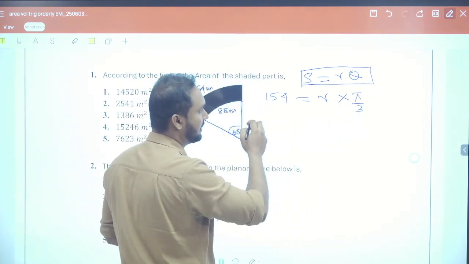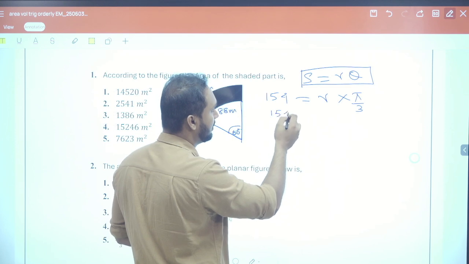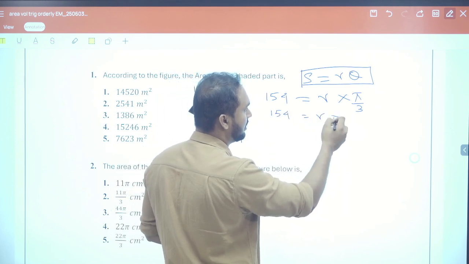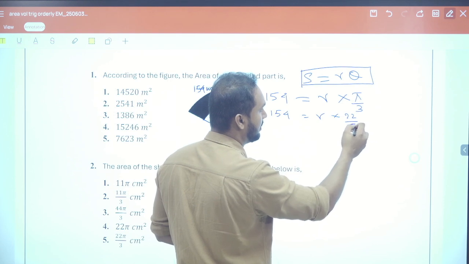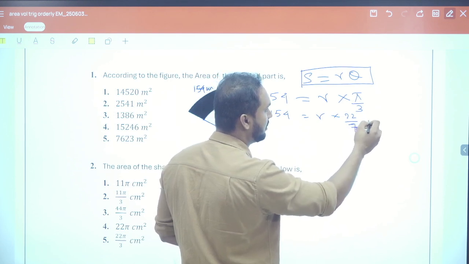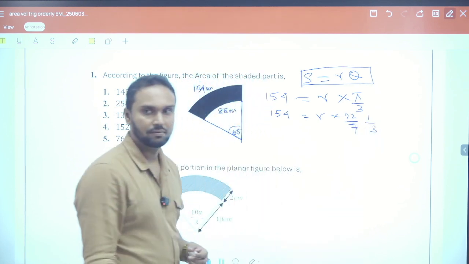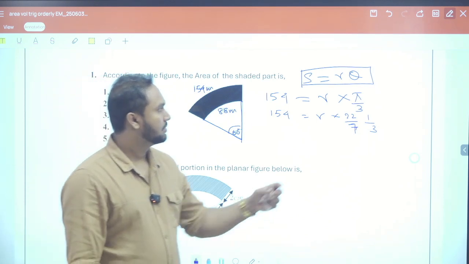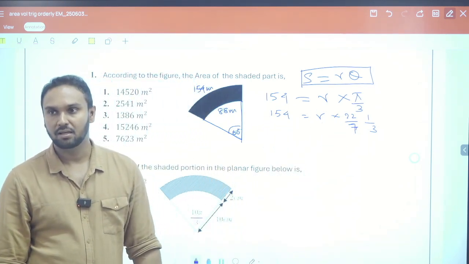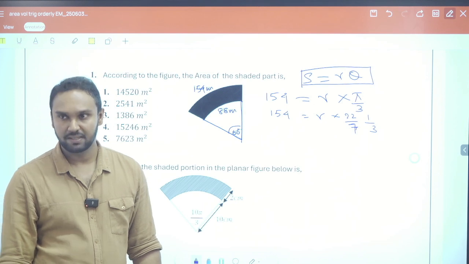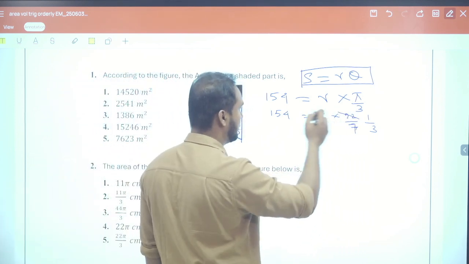Now, what is 5/3 again? 5 is 22/7, and 5/3 is 1/3 here, right? So can you divide 154 by 22? How many 22s are there in 154? Exactly 7.